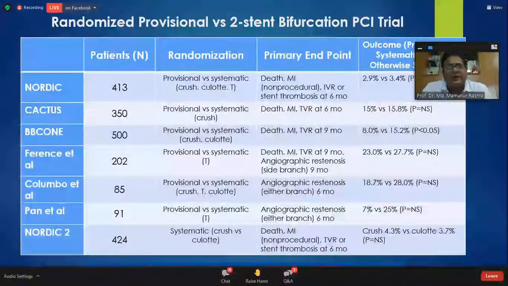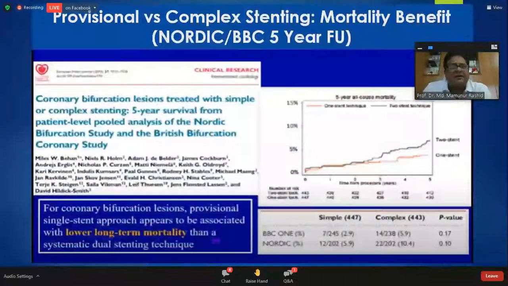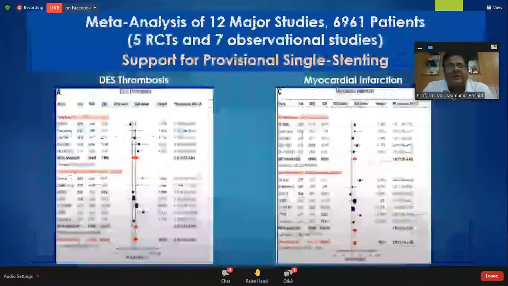There are several trials which show that provisional stenting is initially superior to the two-stenting strategy. There are the Nordic trial, the CACTUS trial, Colombo et al., all showing that MACE and target lesion revascularization are less in the provisional stenting strategy. For coronary bifurcation lesions, the provisional single stent approach appears to be associated with lower long-term mortality than a systematic dual stenting technique.